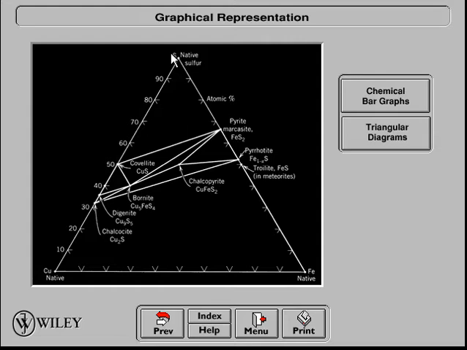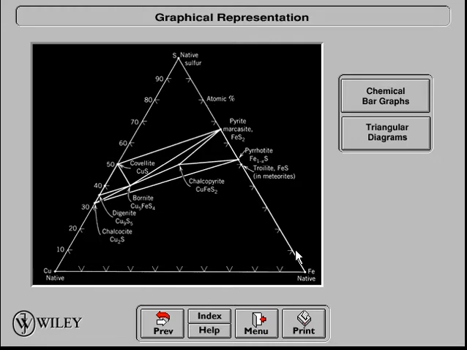And then we can plot in this triangle all minerals which contain copper, sulfur and iron, yeah? So that is now a ternary diagram in the system copper, iron, sulfur. So that is one example.